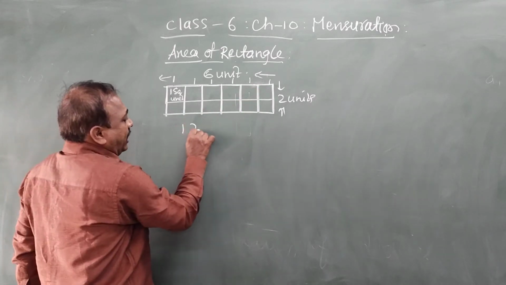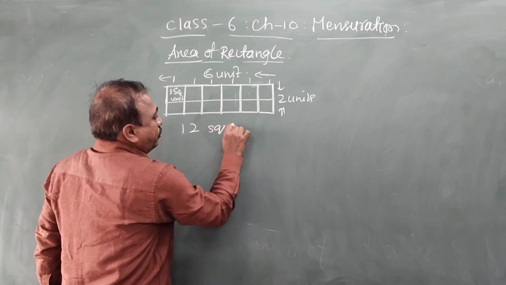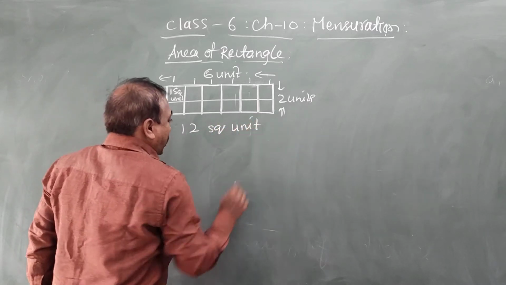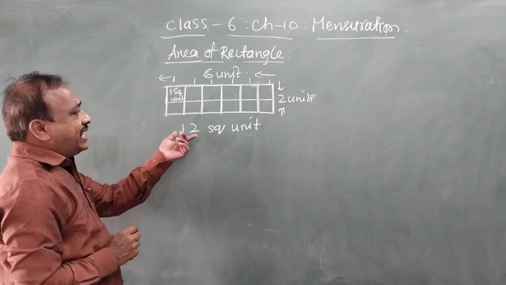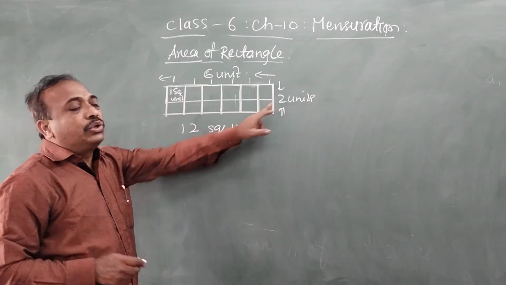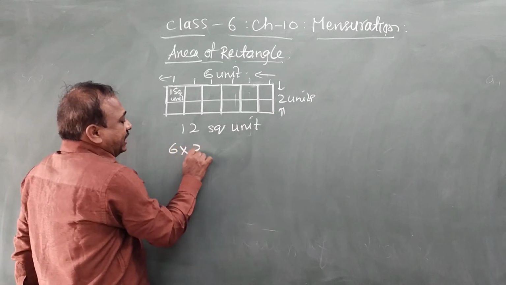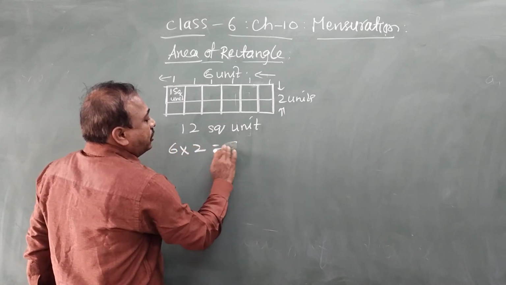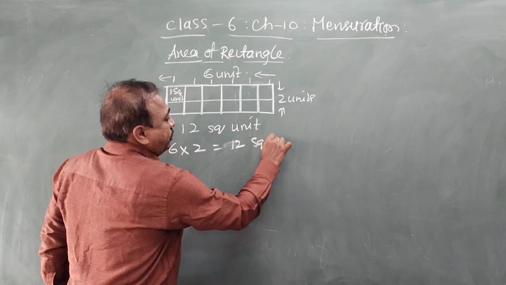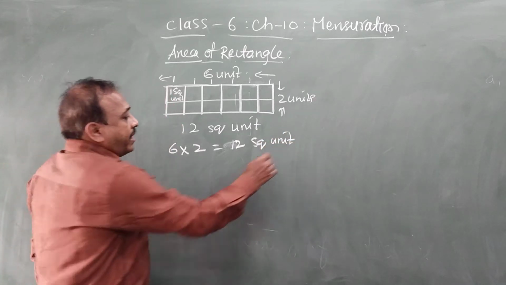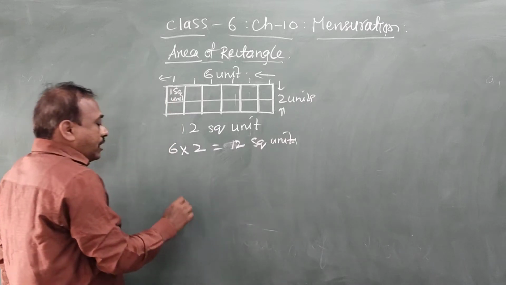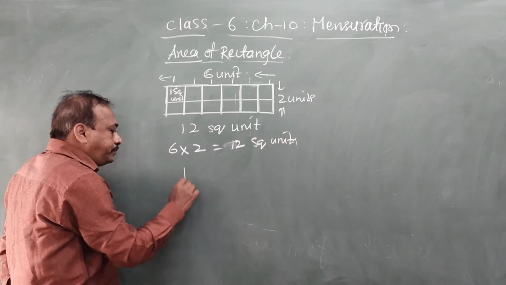So 12 square units is the area of this object. How are we getting 12? 6 into 2 is equal to 12 square units. Next, one more object we will see.